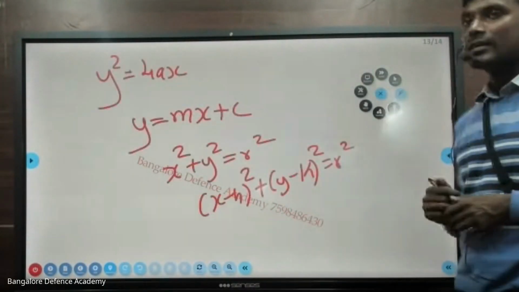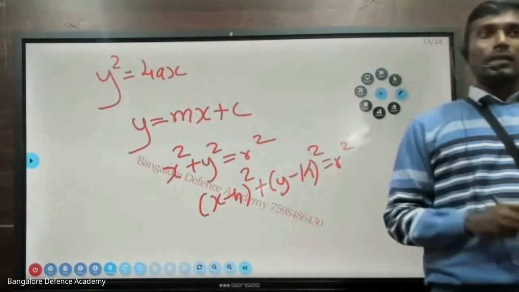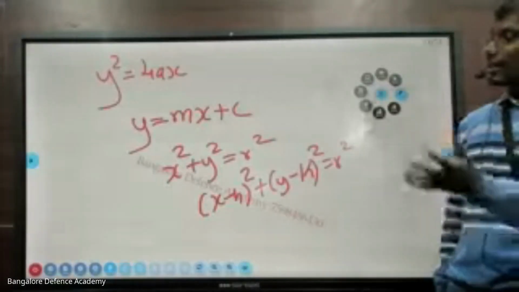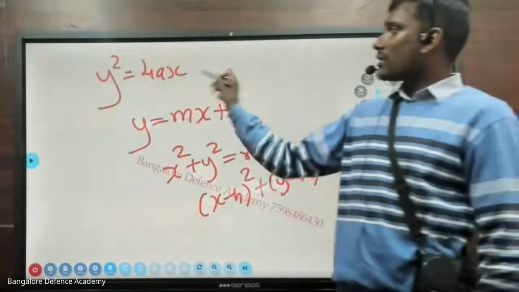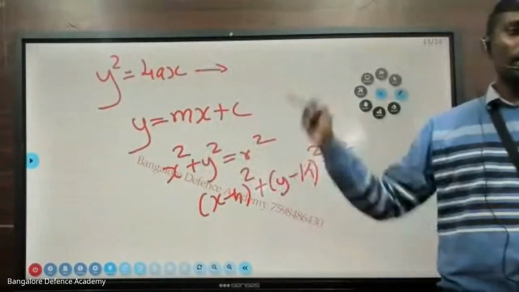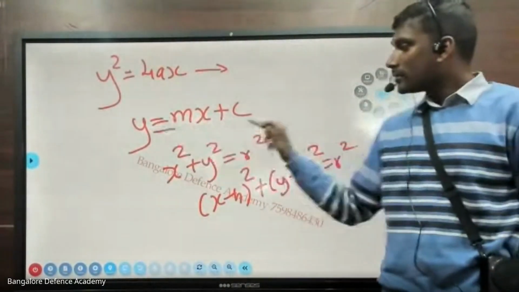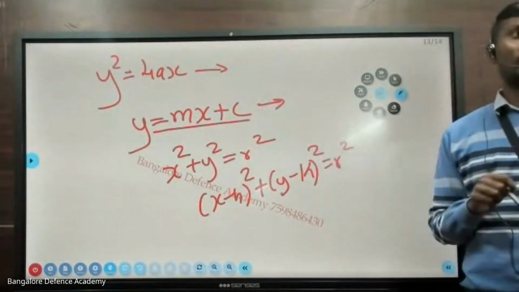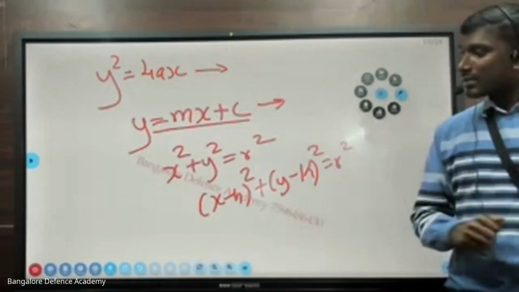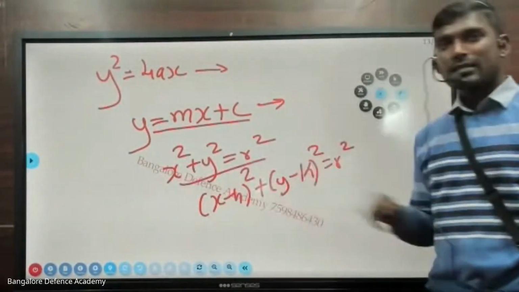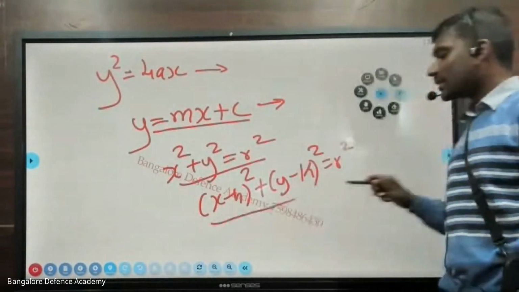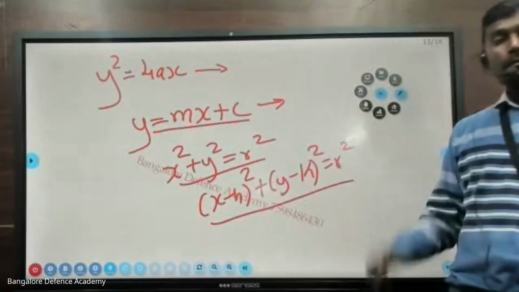What am I writing here? This is called a parabola. And this is the equation of a straight line. This is the equation of a circle where the center is h and k.